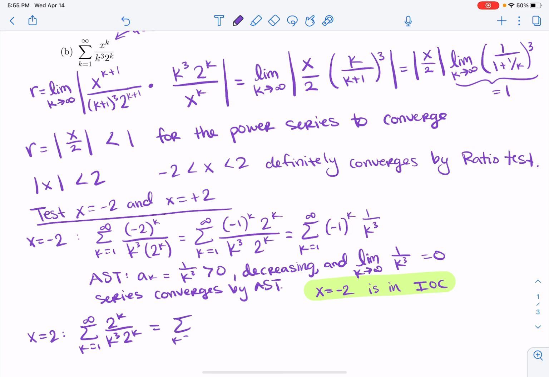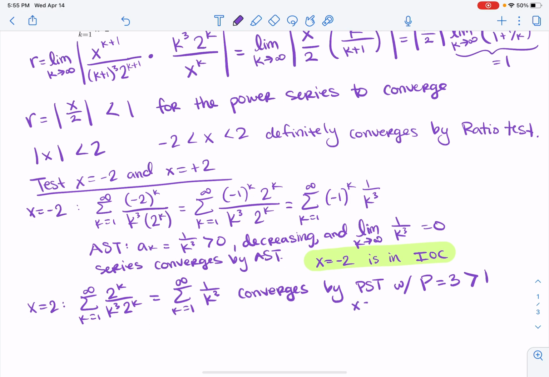And this one, we can just simplify right away. Those 2 to the k's cancel, and we're left with 1 over k cubed. And this series converges by the p-series test with p equals 3, which is greater than 1. So that means x equals 2 is in the interval of convergence.